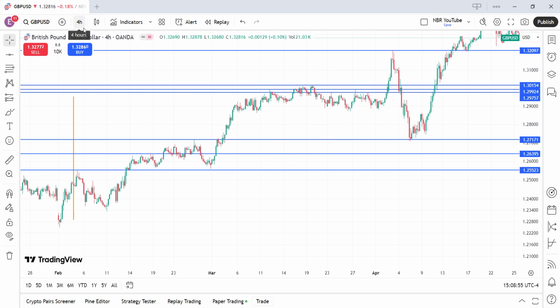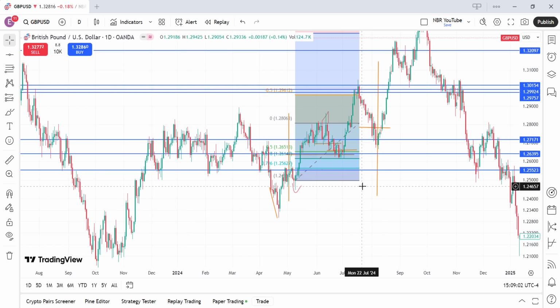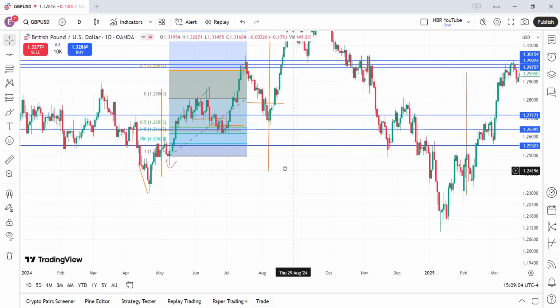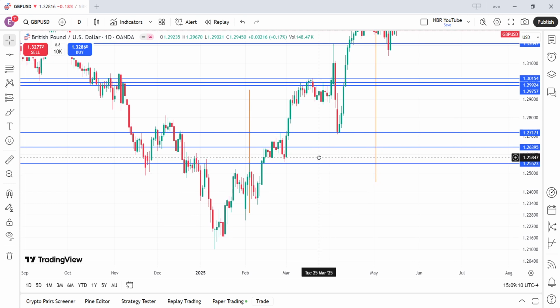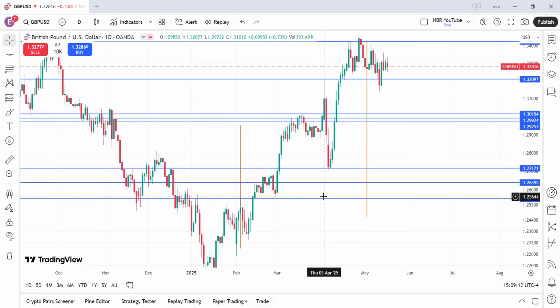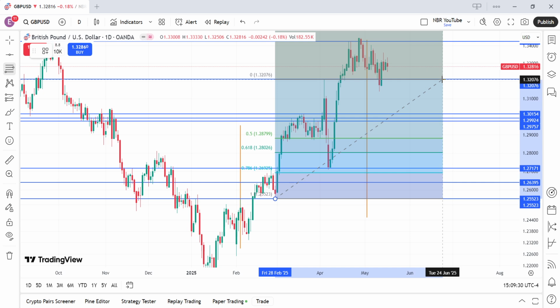So, okay, I will go back now to the daily time frame and I will be putting the fib instead of putting it on the body, I will be putting it on this level into this level.